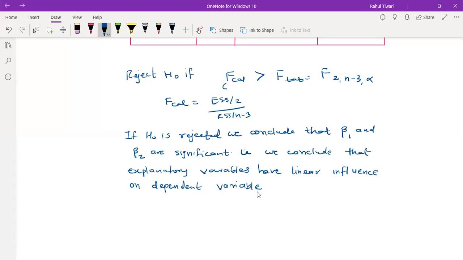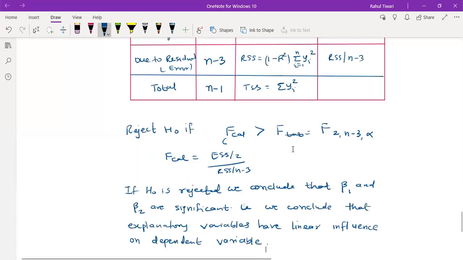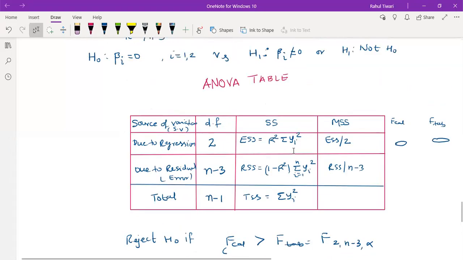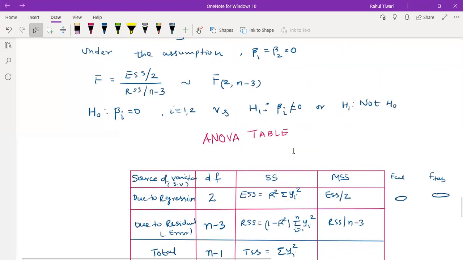So I think this is it, and we know when the ANOVA table comes into the picture and we put the conclusion, the entire thing is over, right? Let me know if you have any query related to this. I hope you have gone through everything, that ANOVA table and everything in Unit 2.